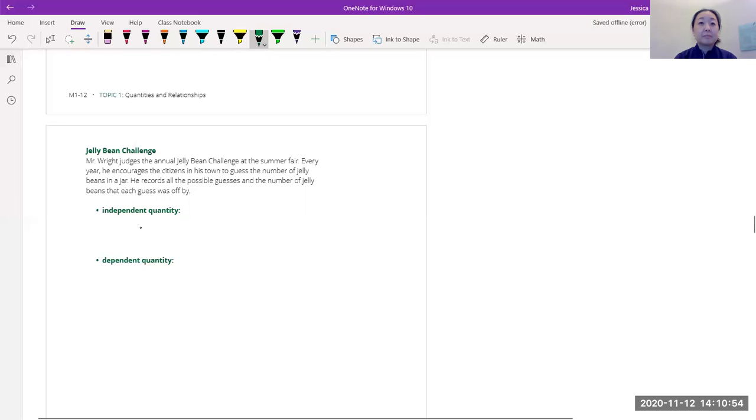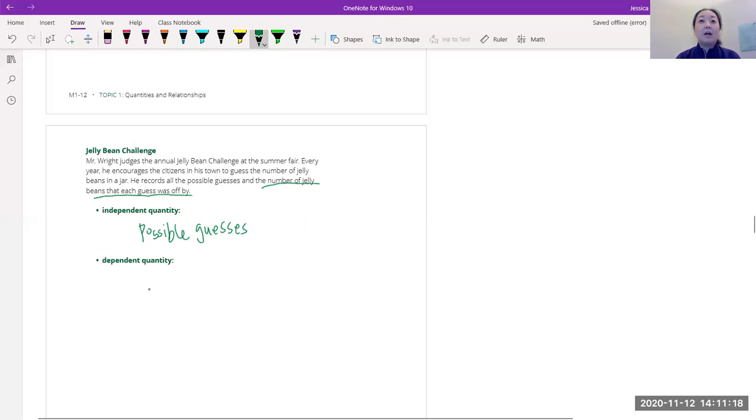So possible guesses. And then what is the dependent? That's right here: the number of jelly beans each guess was off by. Because depending on what that guess was, that's going to determine how much it was off by.